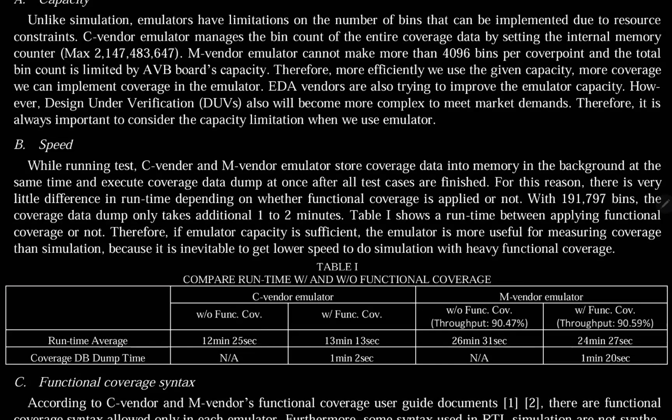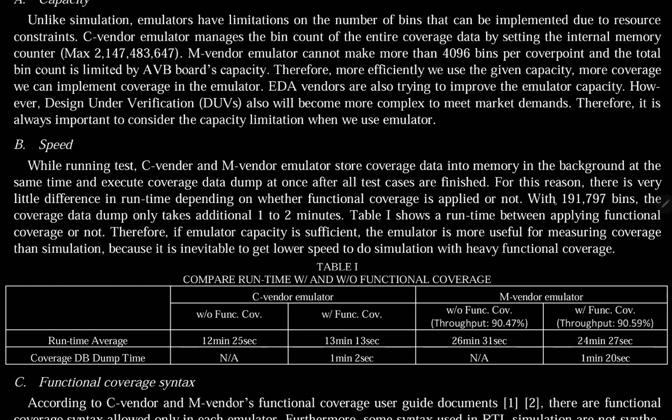Next is B, speed. While running tests, the C vendor and M vendor emulators store coverage data into memory in the background at the same time and execute the coverage data dump at once after all test cases are finished. For this reason, there is very little difference in runtime depending on whether the functional coverage is applied or not.